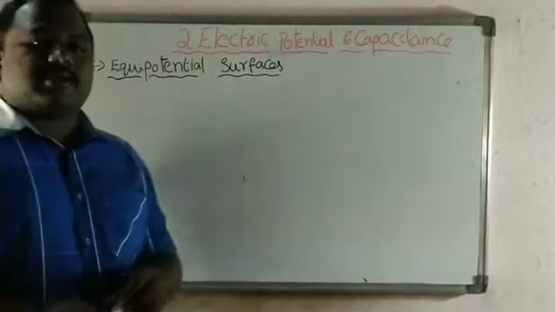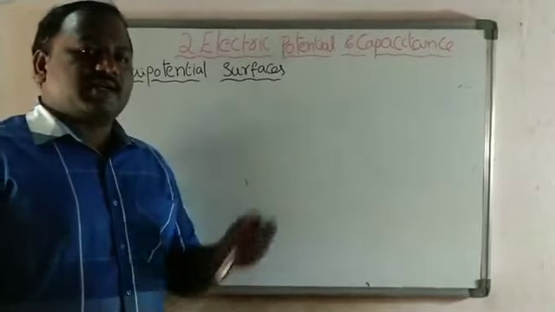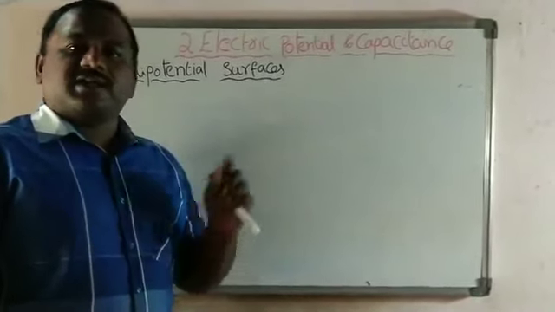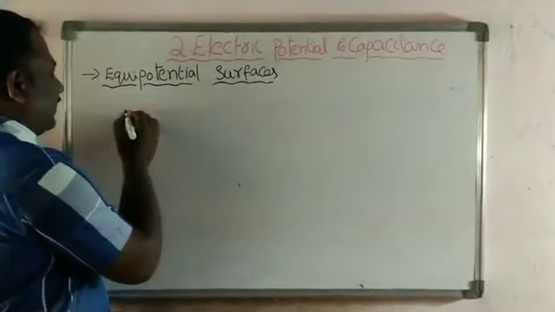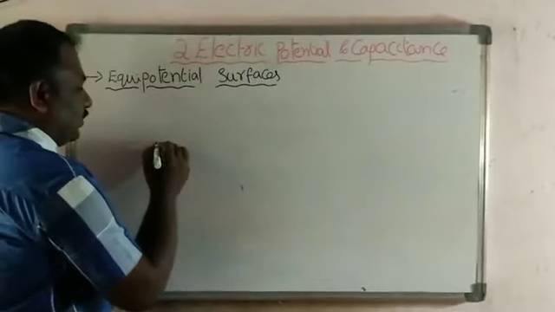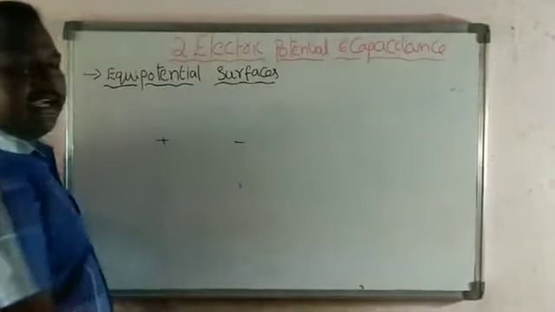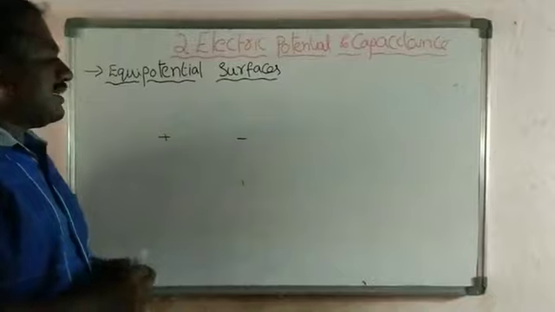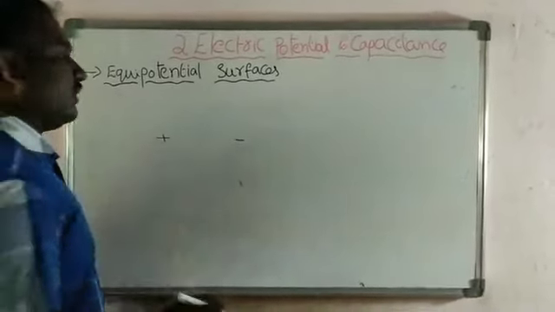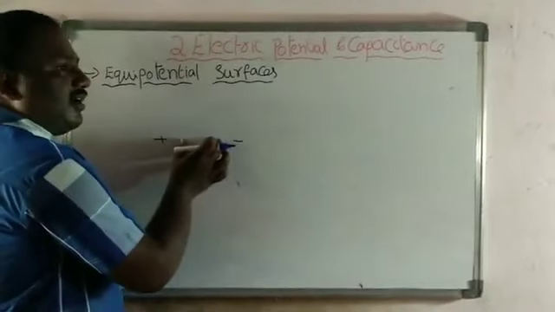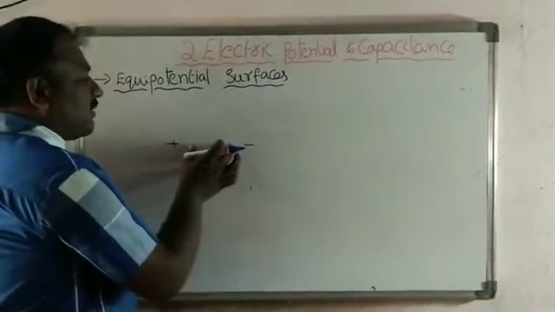See another example, when you take a pair of charges, one positive and one negative, or both similar charges. For the second example, I consider two charges, one positive and the other negative. When positive and negative charges are taken, how can the equipotential surfaces be drawn? All of you know that when two charges are non-identical, both opposite charges, a force of attraction is present between them.